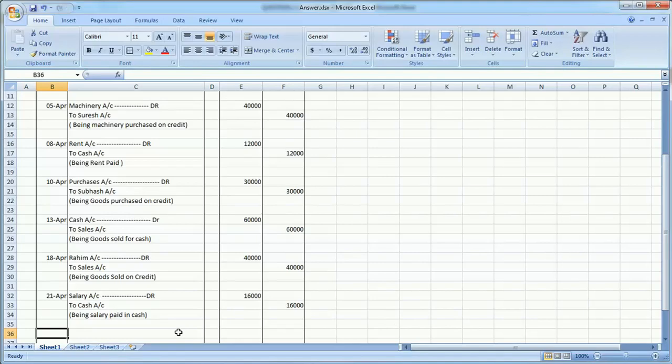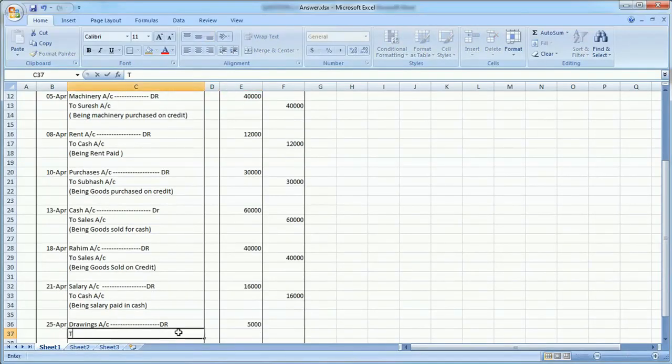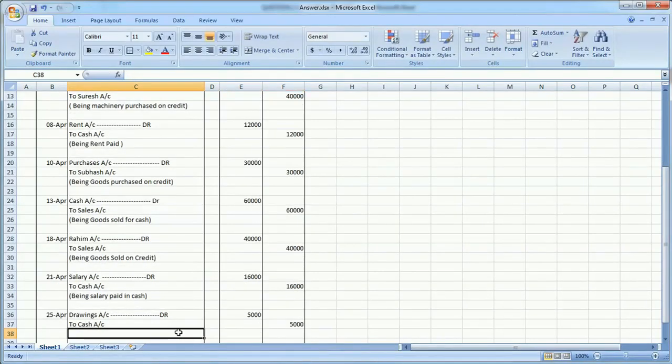So the adjustment will be 25th April drawings account debited by rupees 5,000 to cash account credited by rupees 5,000 being cash withdrawn for personal use.